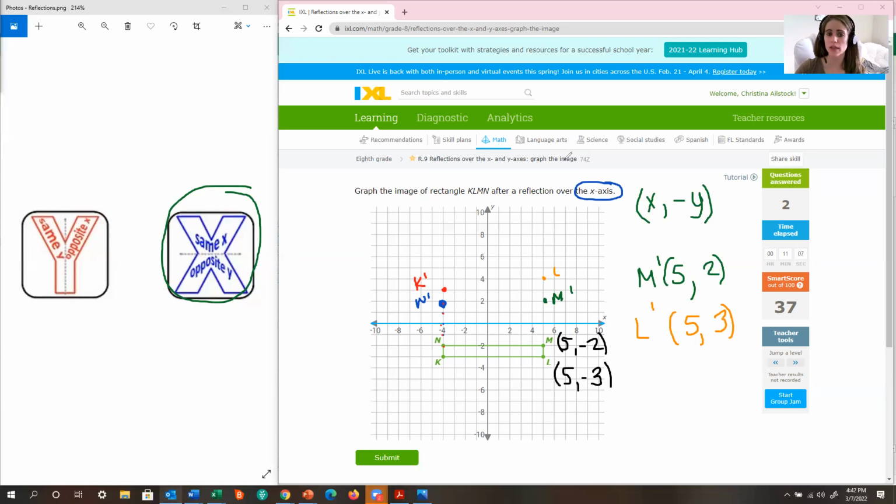Oops. And look there, I was just going to make a comment, guys, that you can know that you did it correctly by seeing if it still really makes a rectangle. And I noticed that my L is up a bit too high. I misread my graph there. I put it at (5, 4), but it really should be right here at (5, 3).